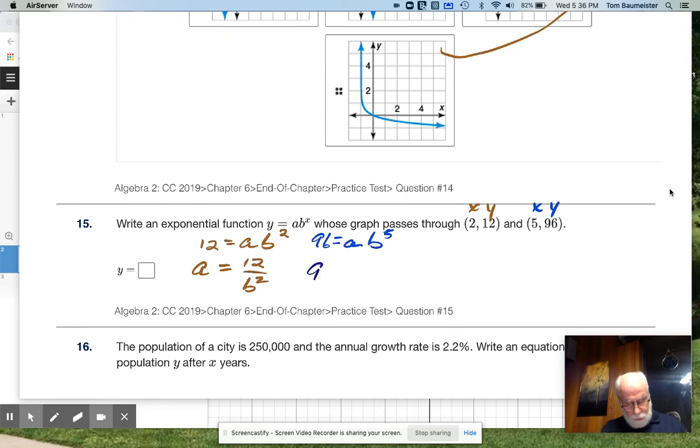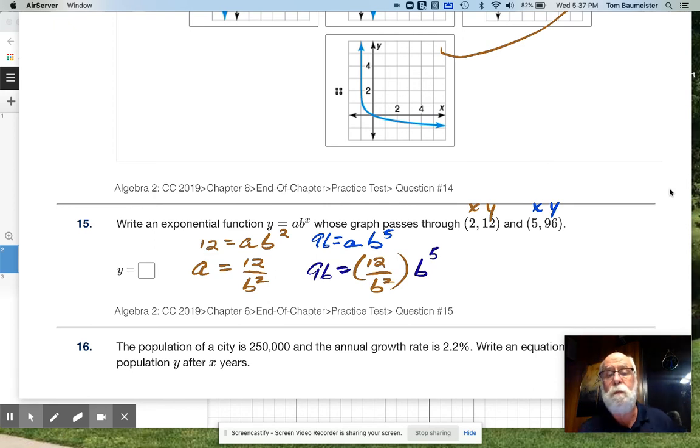So we're going to get 96 is equal to, our a on that one is now 12 over b squared times b to the fifth. So remember, with that b to the fifth and b squared, you'll be able to get rid of that one there, and you'll get rid of 3 there. So you'll get b cubed.